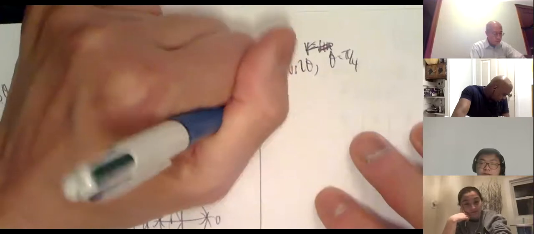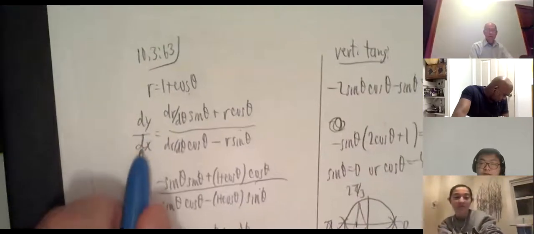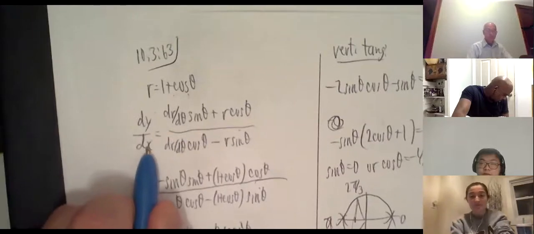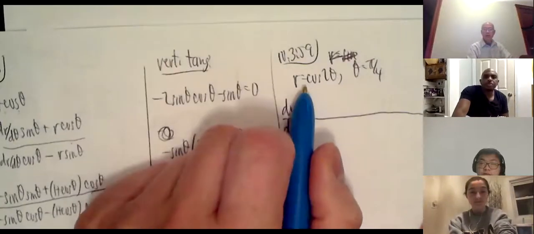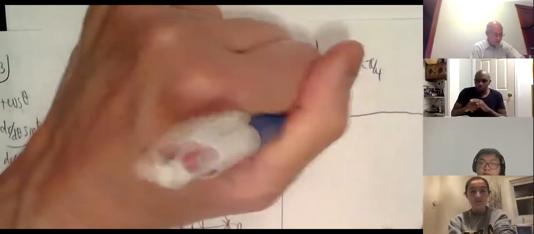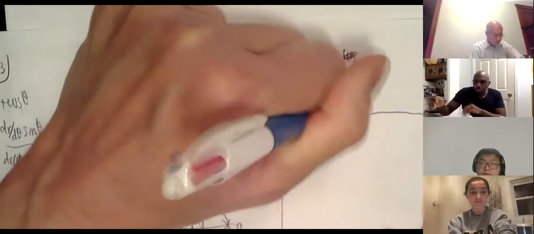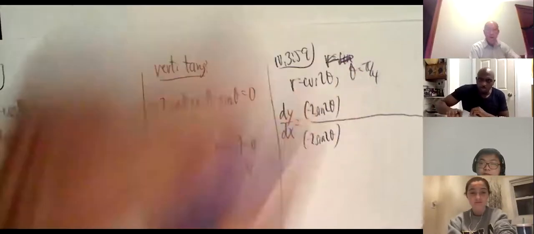Okay, so dy/dx, I'm using this thing again. So dr/d theta: negative sine 2 theta times 2, negative 2 sine 2 theta.